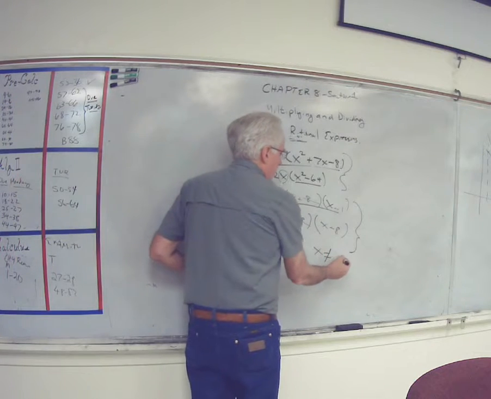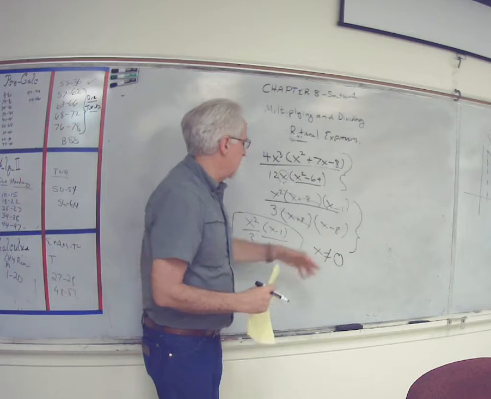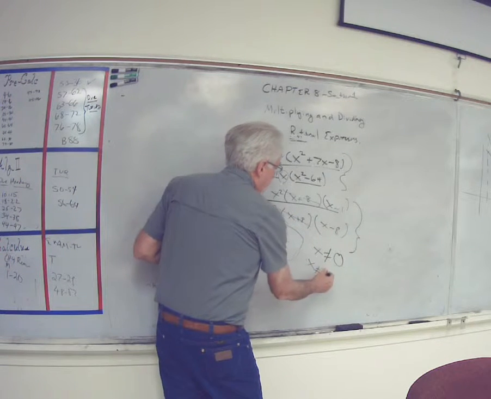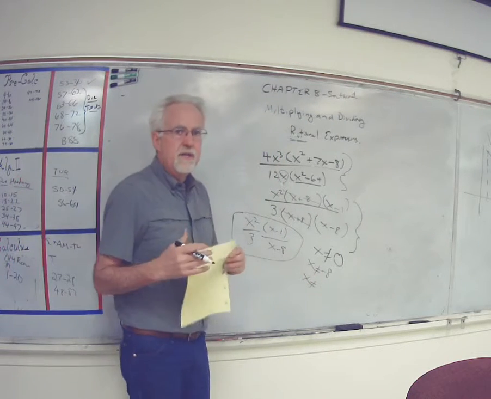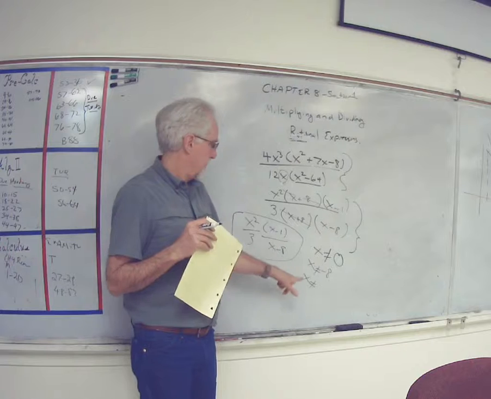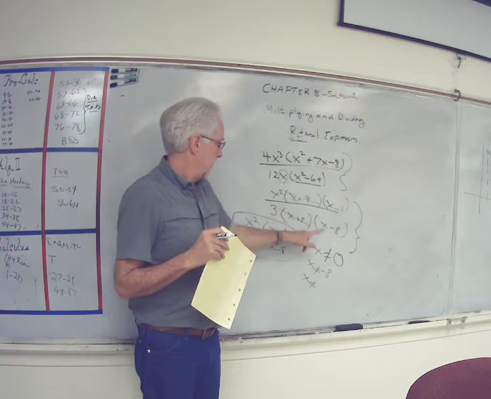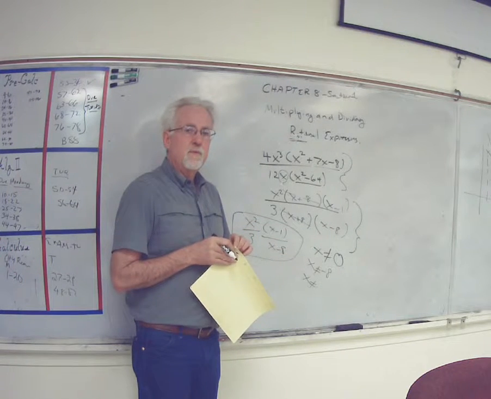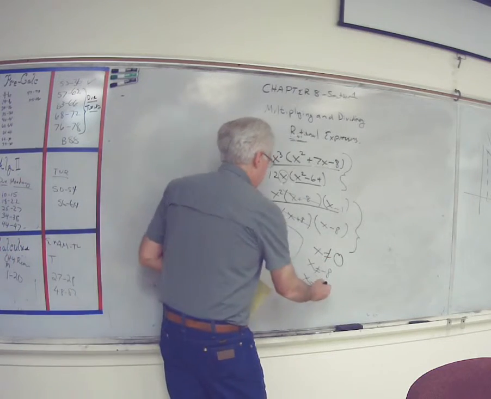So x cannot be 0. What else can x not be equal to? x cannot be negative 8, and x cannot be, what's the other one, Jaden? Can't be 8, right? Okay, it can't be 8.